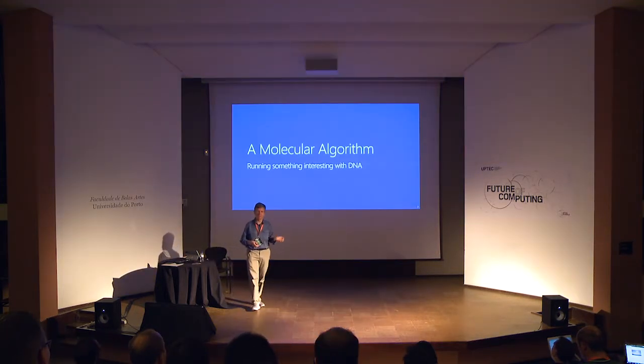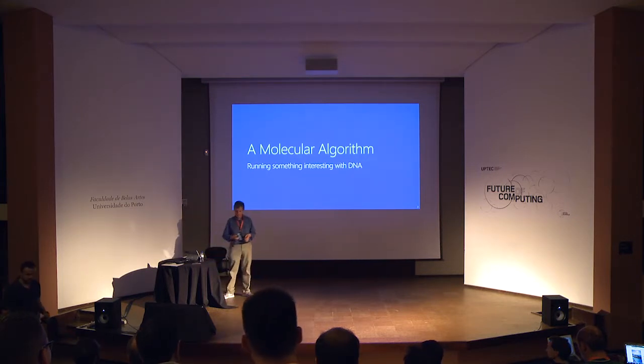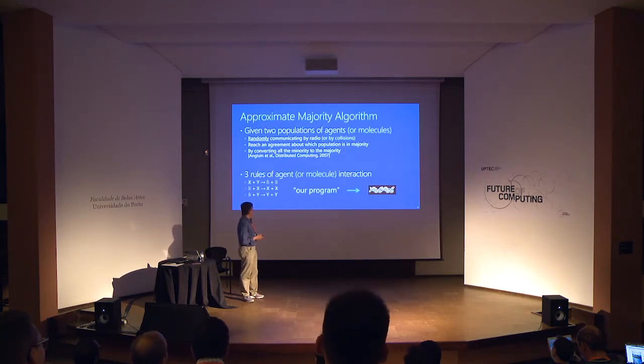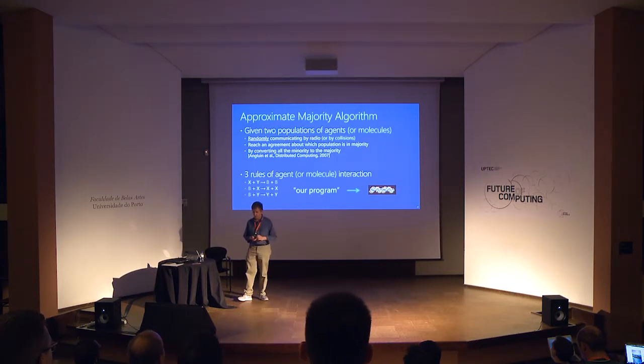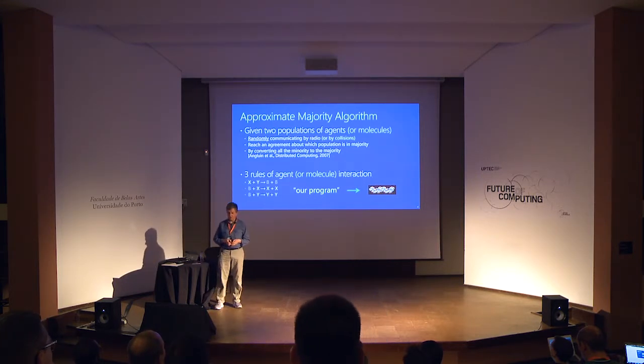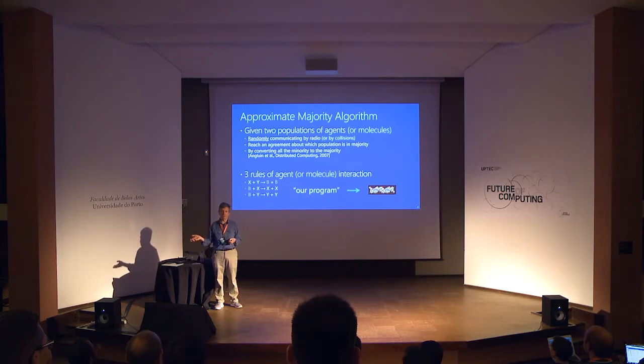We've seen min and max, so let's do something a little bit more interesting that we can run with DNA. And this actually comes from computer science, from the field of sensor networks. The original idea was that you have a bunch of sensors, like temperature sensors, and you throw them into the field, and some fall into the garden, some fall into sunshine and think it's hot, and some fall into shade and think it's cold.